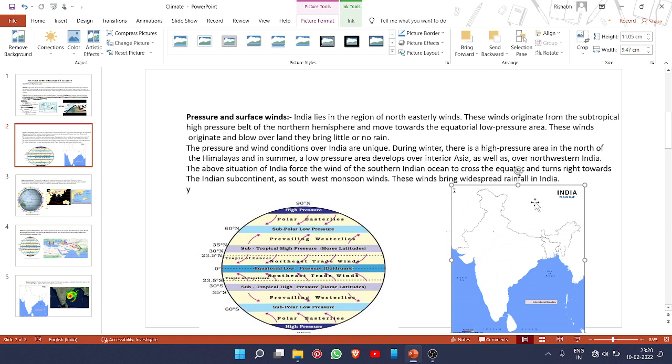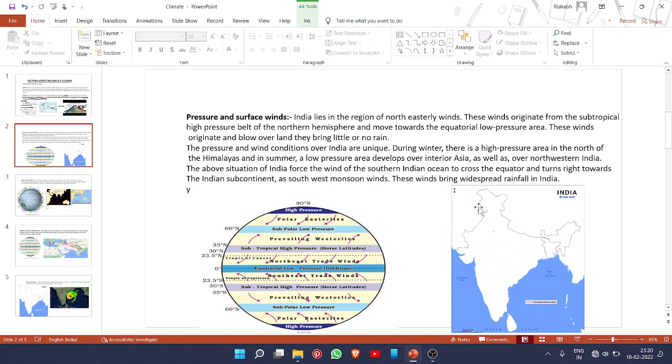So it's known to us that 30 to 35 degrees is this area. See the next diagram. Globe, 30° to 35°. This is the area of the subtropical high pressure belt, meaning this area is situated in the north of the Himalaya.